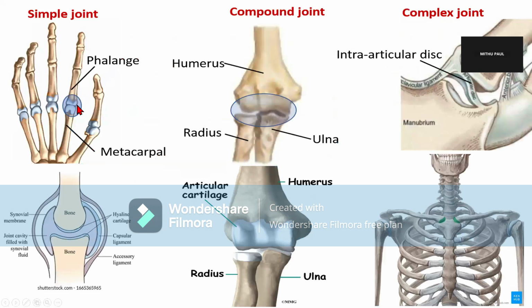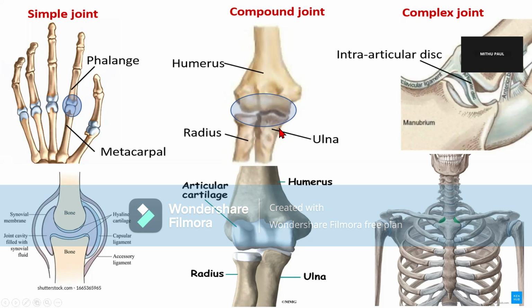Coming to the examples. See, these are the metacarpals. A metacarpal articulating with the proximal phalanx to form the metacarpophalangeal joint, one to one. So this is an example of a simple joint. Elbow joint, where the humerus from above, and radius and ulna from below, total three bones, more than two, are articulating to form the elbow joint.